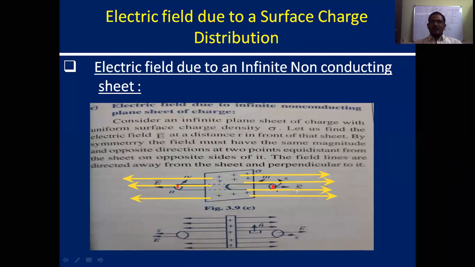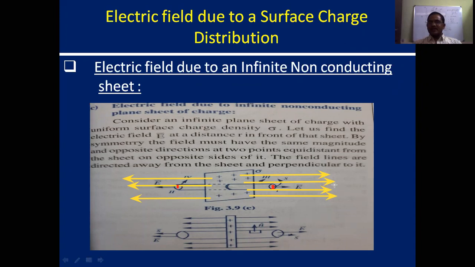Then the total flux through this entire Gaussian cylindrical surface is equal to flux through region 1, flux through region 2, flux through region 3 and flux through region 4. Okay, so this is the basic concept we have to understand. So first you take this region 1, sir. What is the direction of electric field strength?